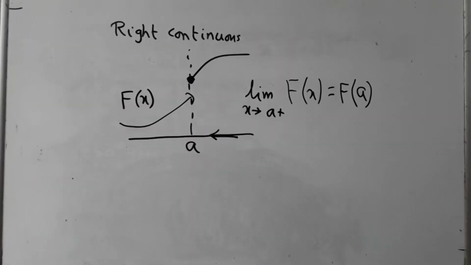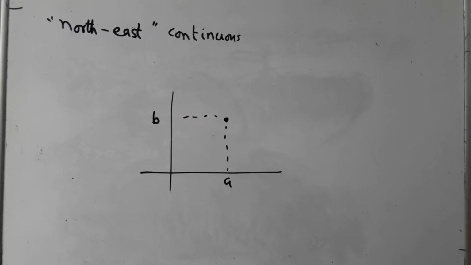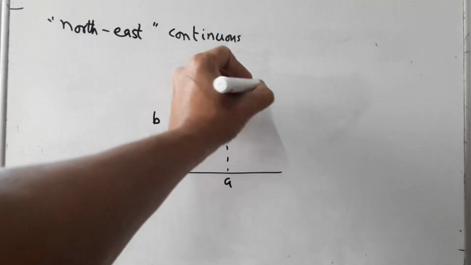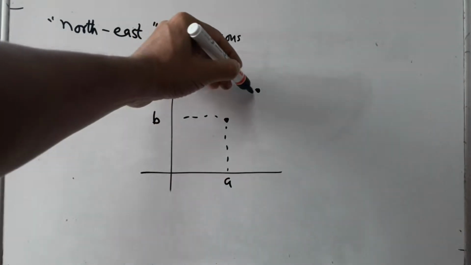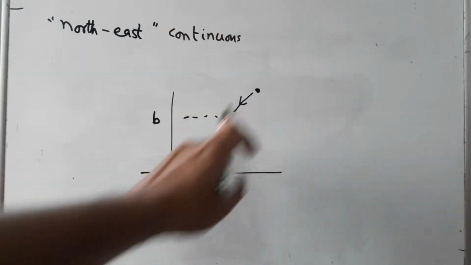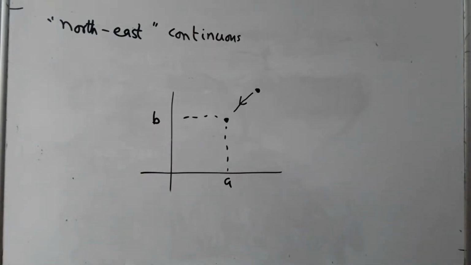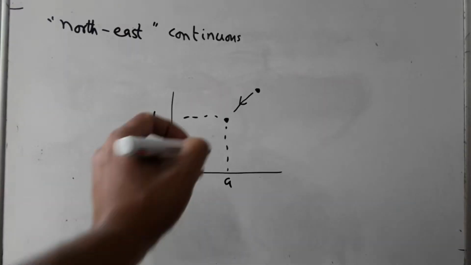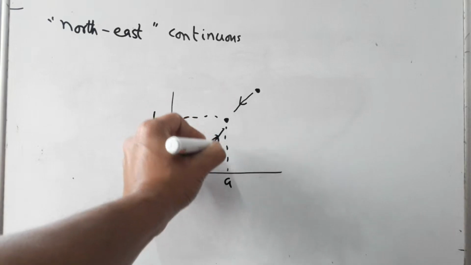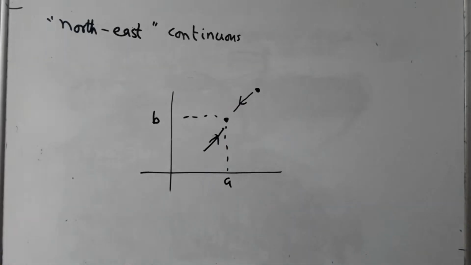So we have to replace it by what I call northeast continuity. So if you take a point here and you let it approach from the northeast side, then the limit will match the value. You cannot approach from this side and guarantee that the value will match.